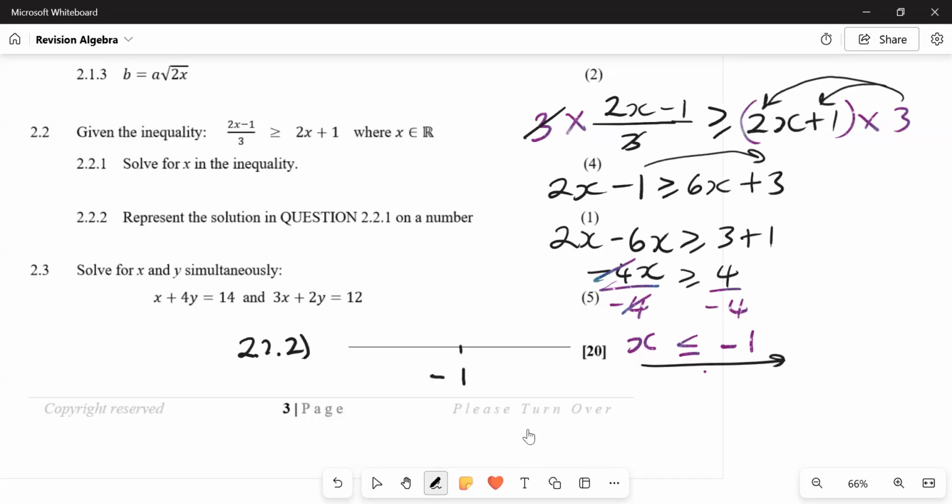So is it included? Yes, it is included because there's equals to. So which means you shade. Where is our inequality sign pointing? It's pointing left, which means this will also point left. So now we've represented our solution on a number line.